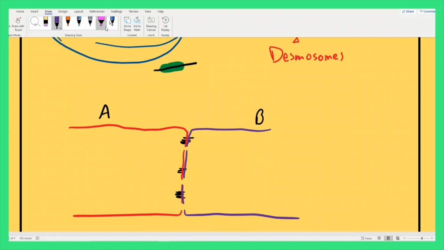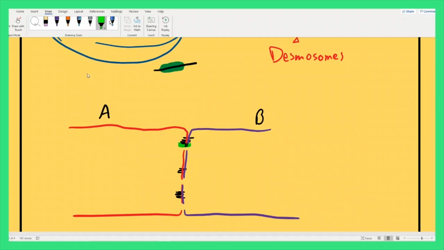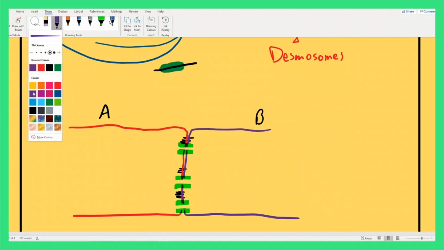Proteins found in the cell membranes of these two respective cells fuse together but form a tunnel, a canal, leaving an opening between these two neighboring cells. How's that? For my artwork, that's not too bad.